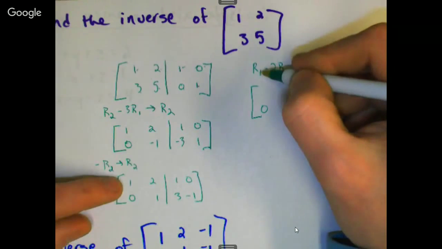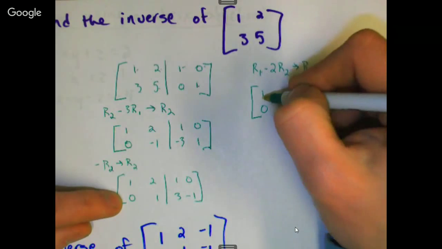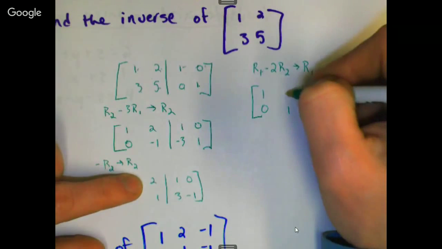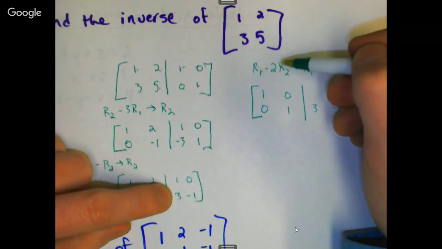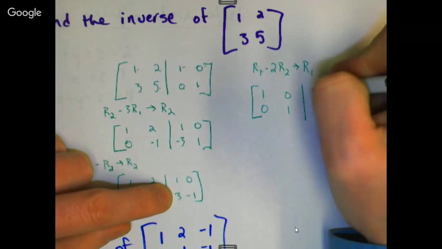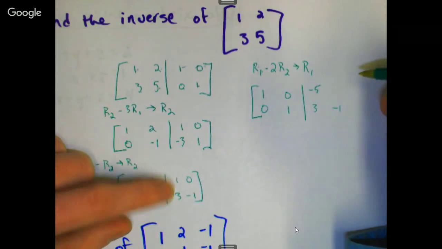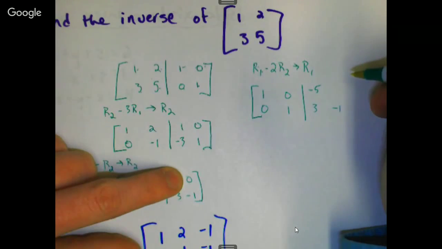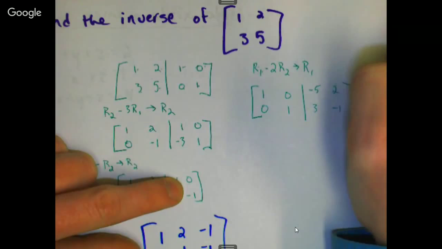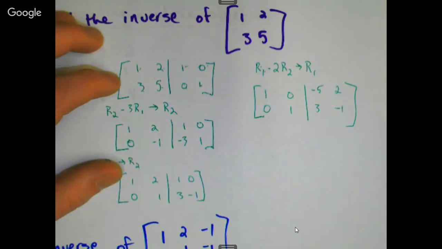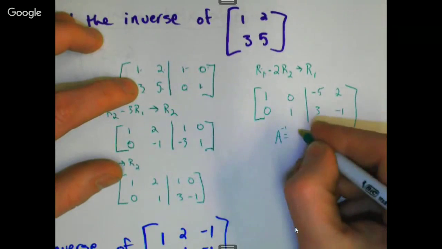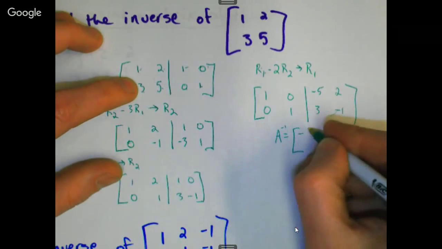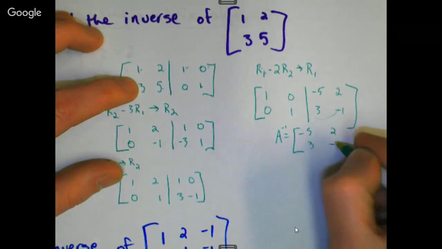So we're going to take 1 minus 0 is 1. 2 minus 2 is 0. We have 1 minus 6 is -5. 0 minus -2 is 2. So there's our matrix. Now, A inverse is this section over here. So -5, 2, 3, -1.